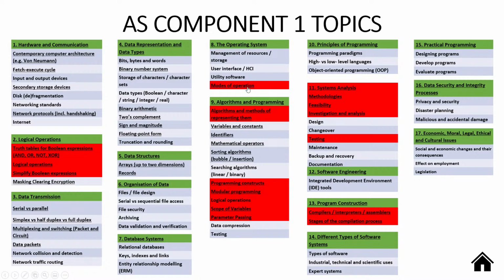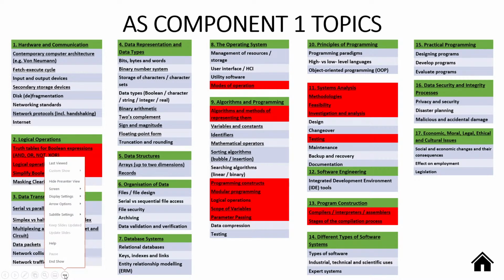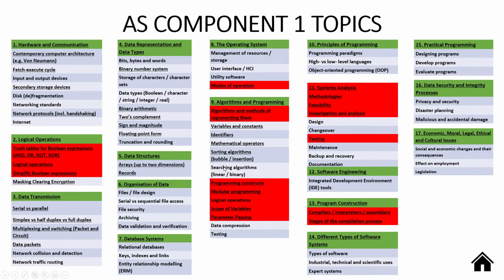So we've got operating systems, we've got modes of operation in there. We've got chapter 9 there, which is algorithms and programming. We have representing algorithms in a number of different ways, so that will cover pseudocode, flowcharts, that sort of stuff. And we also have programming constructs, so some things from your programming teacher side, modular programming, and that's the use of procedures and functions.